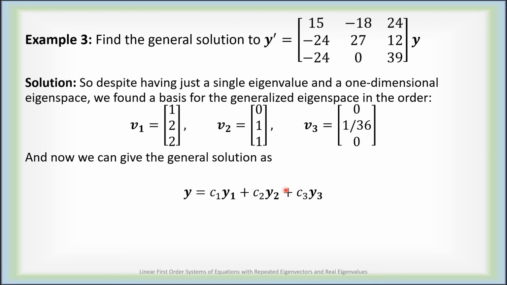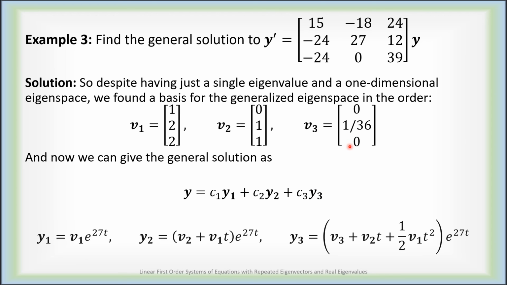So the general solution is going to be c1 y1 plus c2 y2 plus c3 y3. y1 is a solution that first incorporates this eigenvector, y2 is the solution that first incorporates this generalized eigenvector, and y3 is the solution that first incorporates this generalized eigenvector.